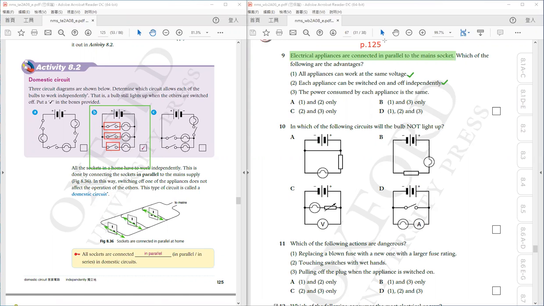They can work independently. For power, for the concept about power, we don't need to study about this. But I can tell you statement 3 is not correct. So we will say the answer is A.